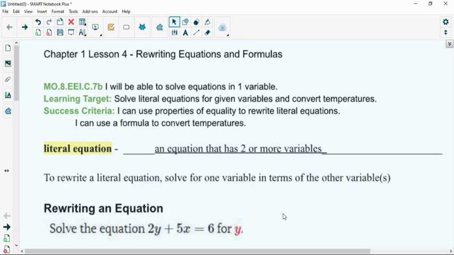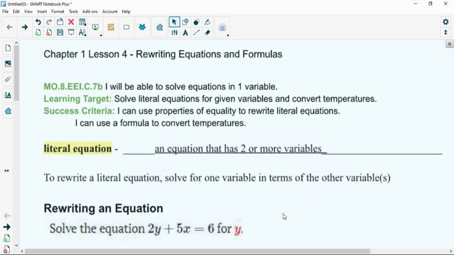Our target: solve literal equations for given variables is really there to help strengthen our ability to solve our equations in one variable. Now, what is a literal equation?